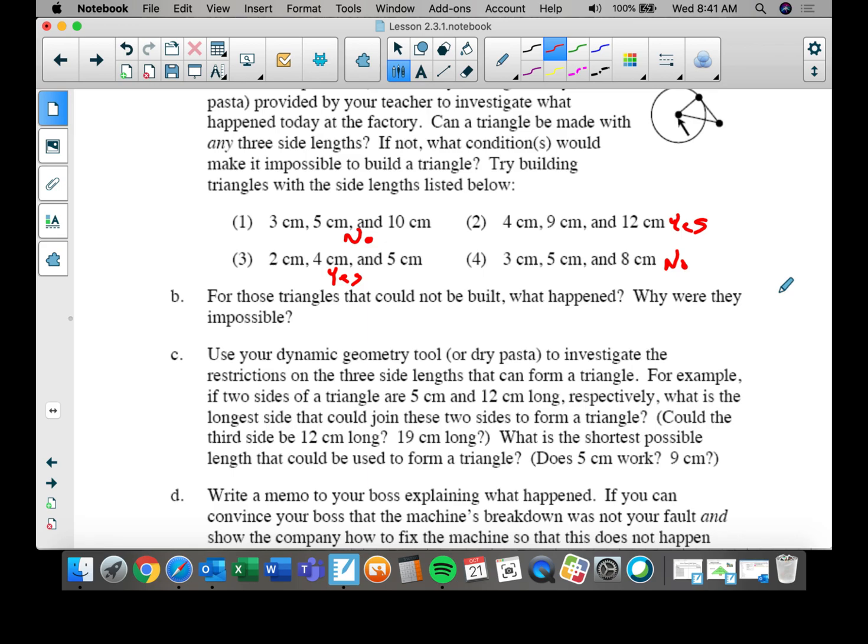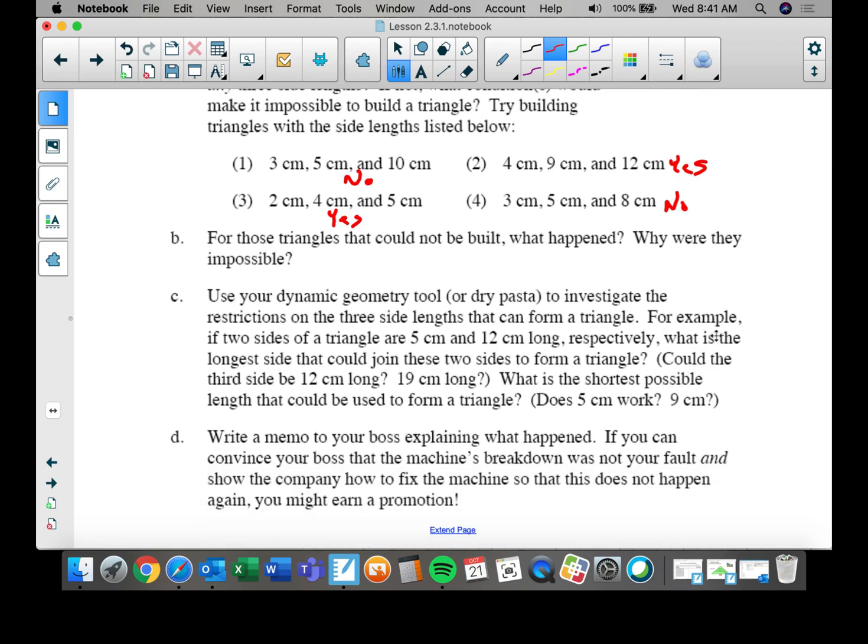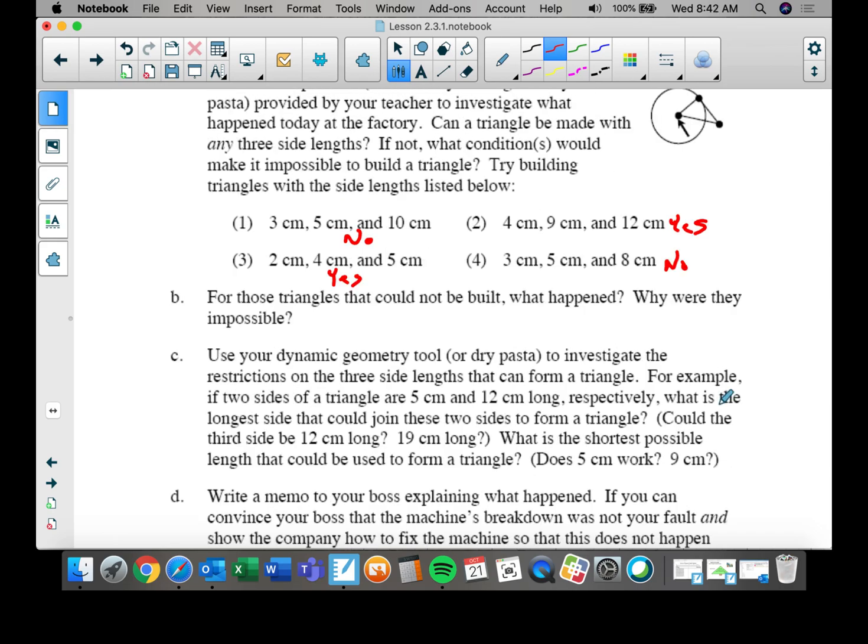I'll actually write it down. Let's see. Do I want to put it in part B? Yeah, why not? What you should have come up with is the sum of the 2 shortest lengths must be, and I'm going to put this in here, greater than.